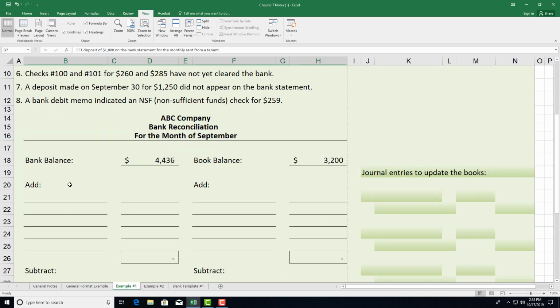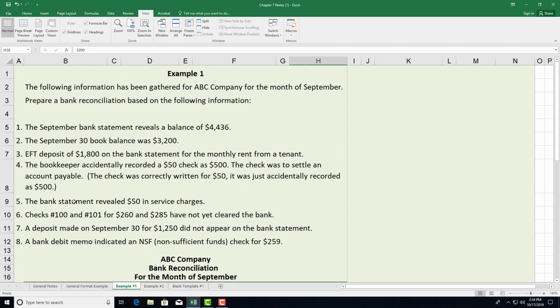What I mean by that is the bank already knows about that information, or they knew about it first, and that $1,800 deposit is already reflected in the bank's number. It's our books that are not updated. So we need to put the adjustment on the reconciliation under the book side, and we're going to add rent revenue, $1,800. In other words, it was the book balance that was not up to date regarding that transaction.